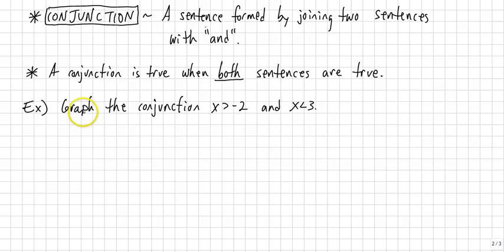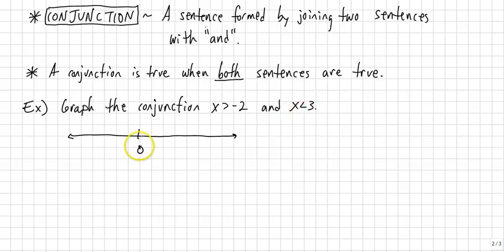So for example, let's graph the conjunction x is greater than -2 and x is less than 3. If we graph that, we need a number line. And we need -2 and +3 on there.